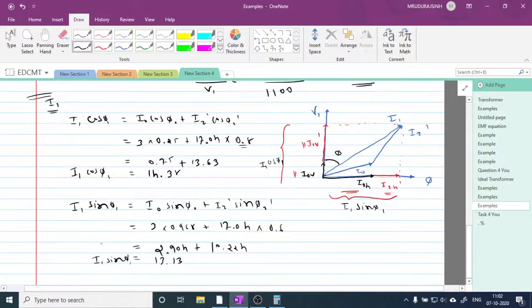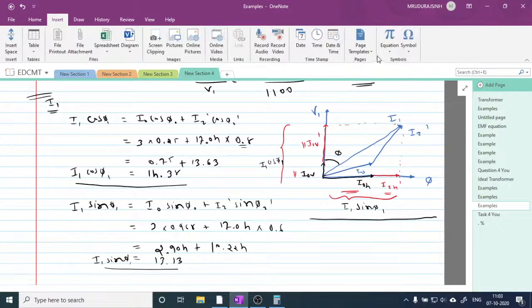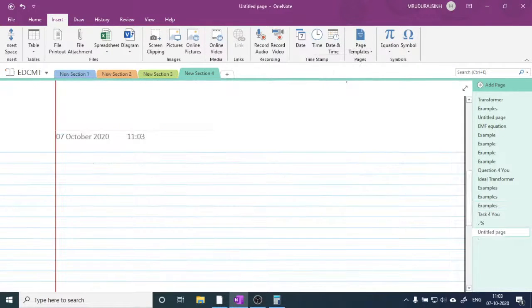So we have got this I1 cos phi 1 and I1 sin phi 1. Now we'll go on to the next page. Let me add a page, right? So now we'll go for the I1. And what will be the I1?